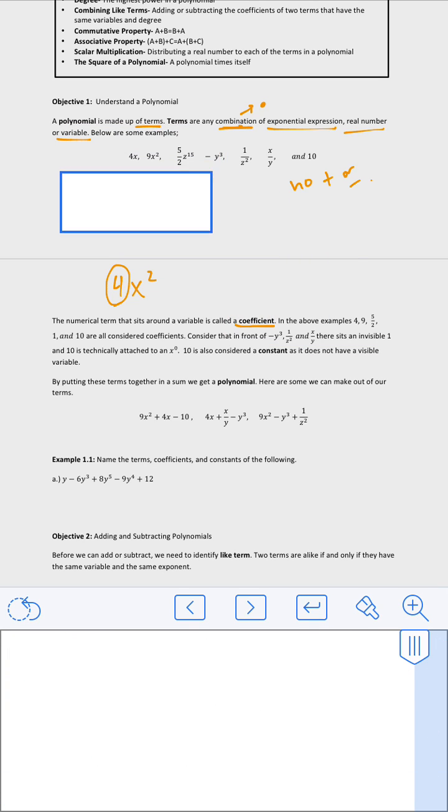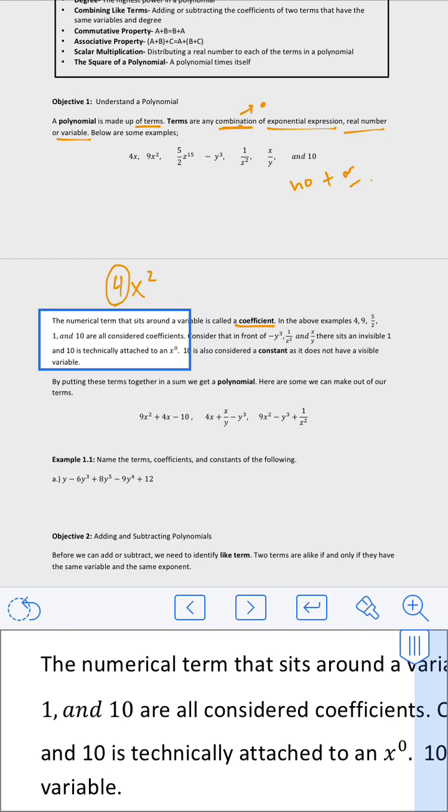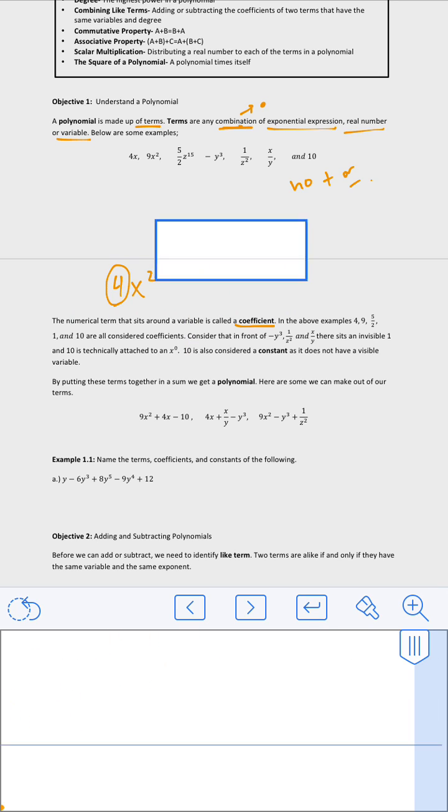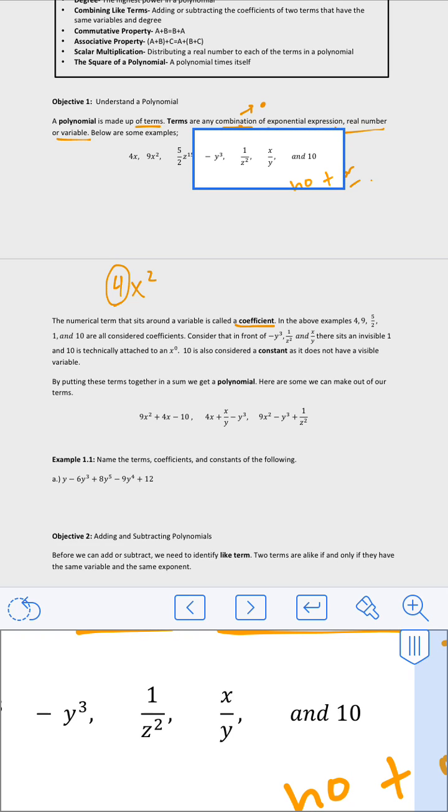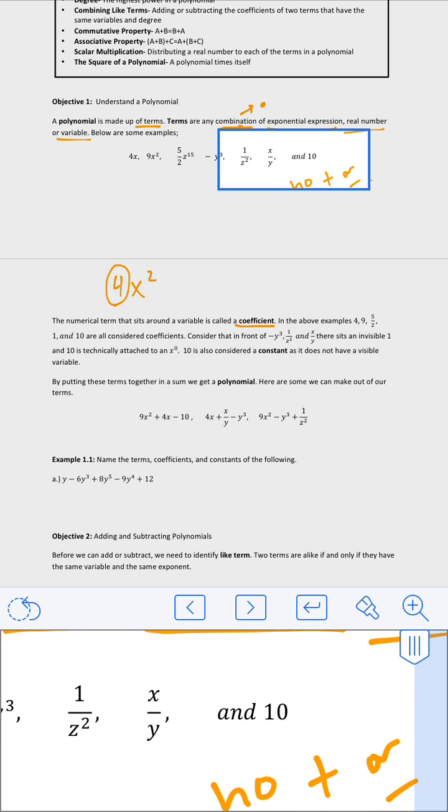Those are the first three. 1 is also a coefficient. Remember, if there's nothing sitting in front of the variable, it still has a coefficient. It's just an invisible 1. So like here, x over y, the coefficient would be 1 times x over y.